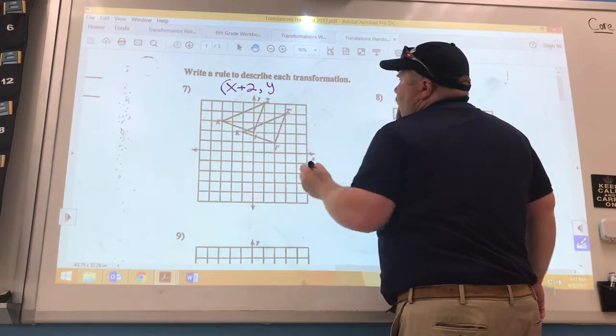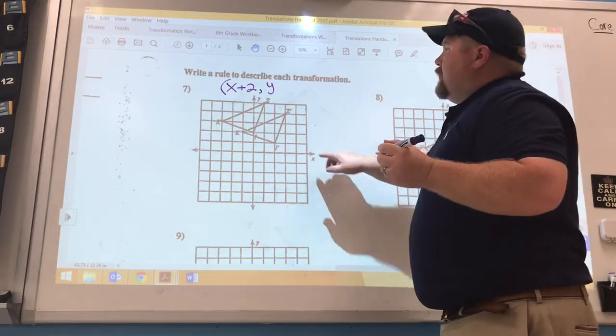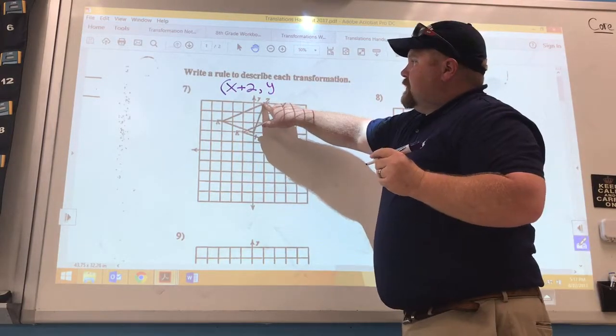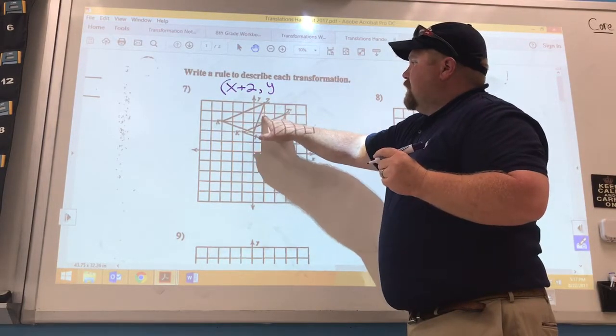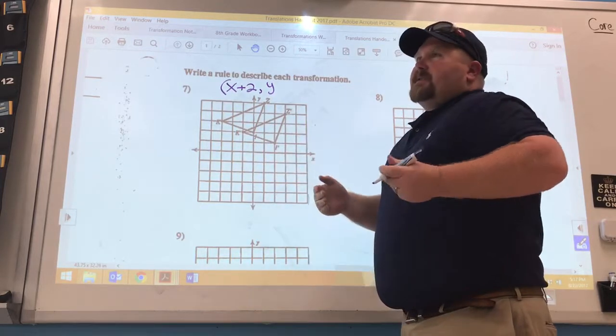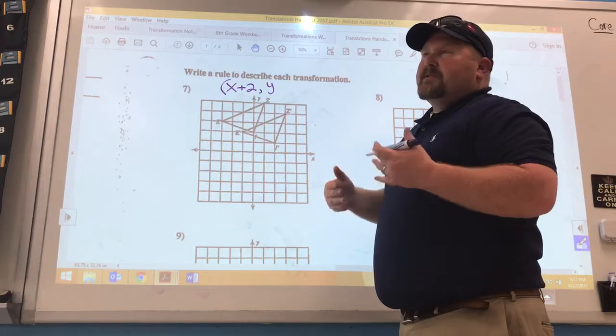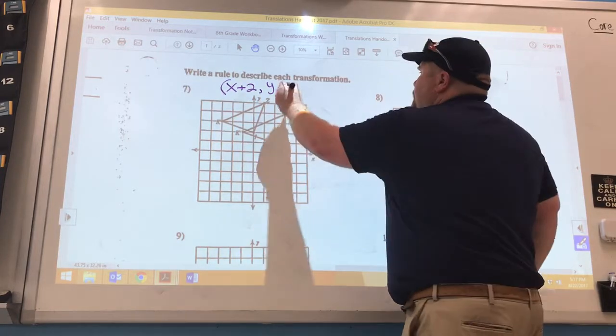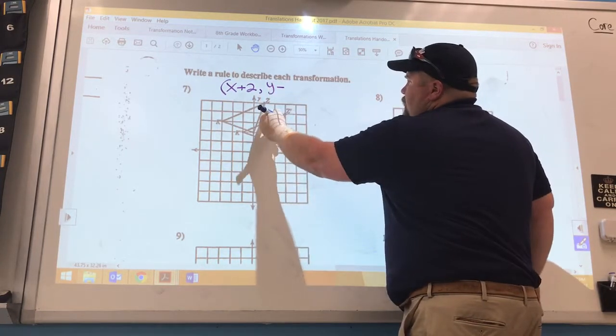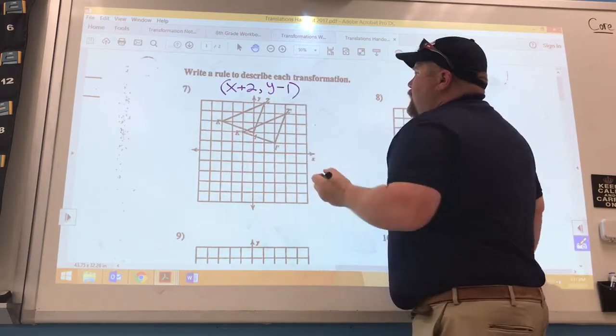And now we need to figure out how did it move up or down. Well, it started here. Here's your original, Z, and it moved down 1 unit. So moving down is similar to a thermometer. The negative numbers are on the bottom. So if you're going down, you're subtracting or you're negative. So that's going to be Y minus 1 because it moved down 1 unit.